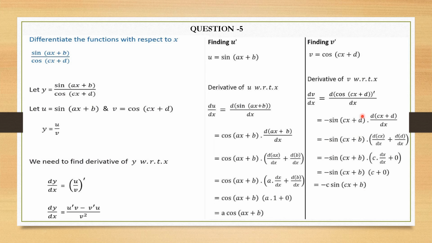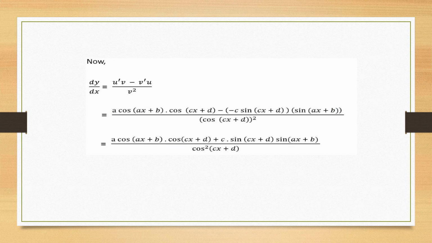So this is just for elaboration purposes, to show how derivatives can be found, but for calculation we need to apply the quotient rule. Now dy by dx. Using the quotient rule, you know how to apply it. dy by dx is the denominator square, in the denominator, times d/dx of numerator minus numerator times d/dx of denominator.